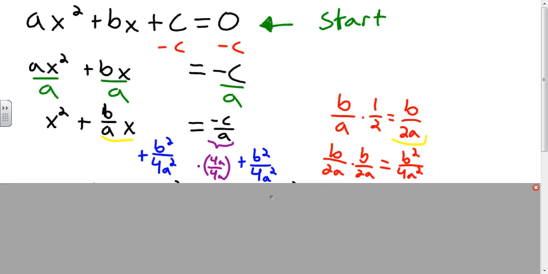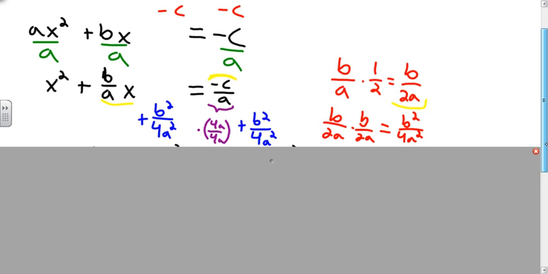So that's why we're adding b squared over 4a squared to both sides. As well, we're changing this term right here, our negative c over a, into a fraction over 4a squared so that we can combine them. That's why we're multiplying it by 4a over 4a.